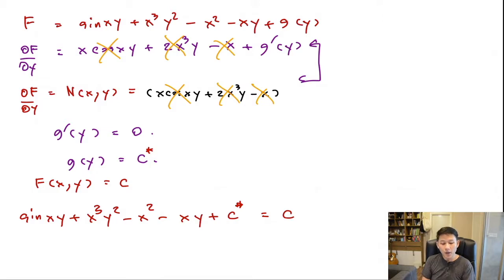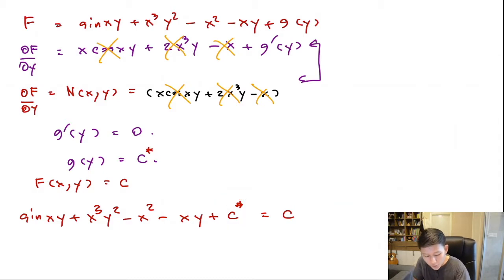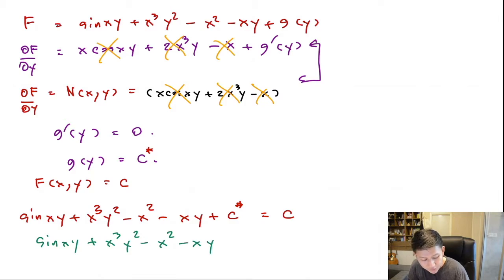Okay, guys, but because c star here is just a constant, I'll just subtract c star. So the solution is sine xy plus x cubed y squared minus x squared minus xy equals c.